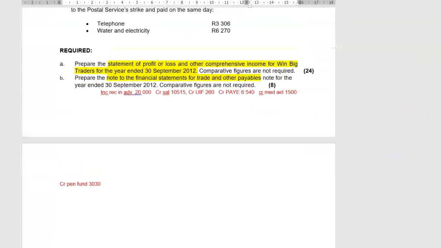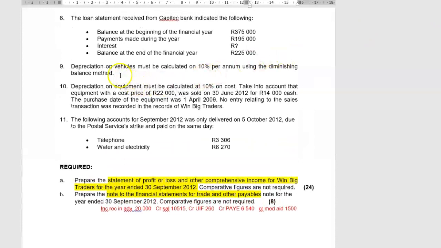So if we want to work that one out, it is going to be 550,000 less the accumulated depreciation of 102,500, and that you're going to multiply by 10%, diminishing balance method.